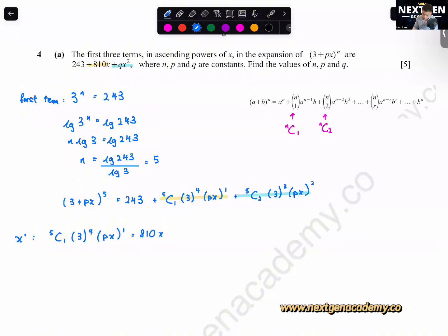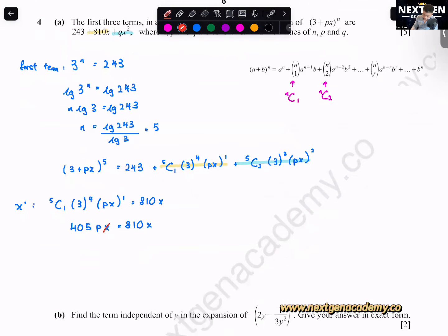Type in the calculator 5C1 times 3 to the power of 4, you'll get 405 px equals 810x. x and x cancel. p equals 810 divided by 405, which gives 2.